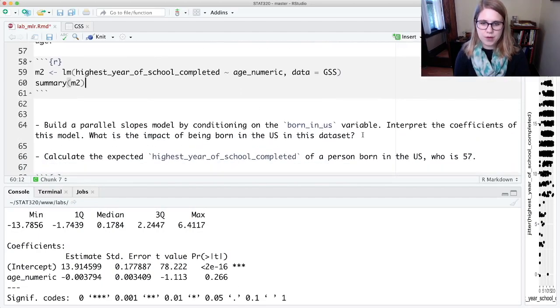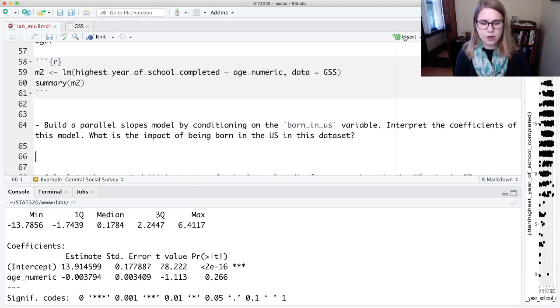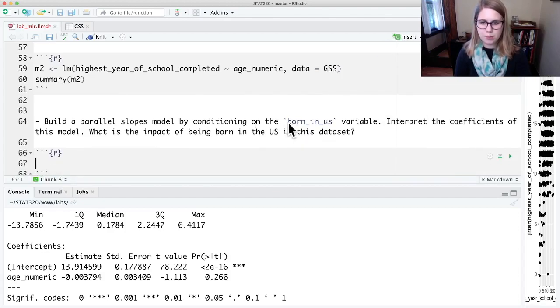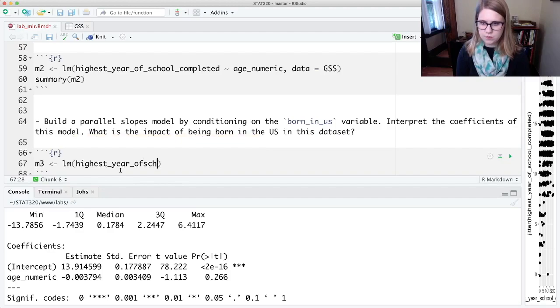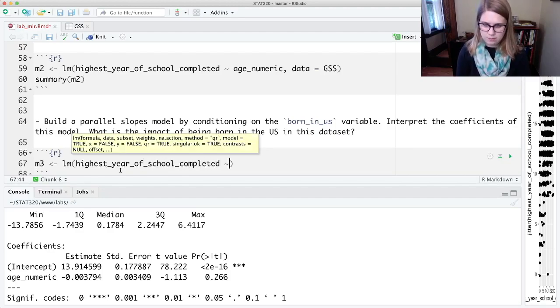All right, so now let's try and make a parallel slopes model. I'm going to put in a new code chunk with this insert button, and I'm going to put in the born in the US variable. So that's a binary variable, yes or no. And I'm going to call this, I think, M3, and I'm going to try and do highest year of school completed by, and I guess I didn't specify which numeric variable I wanted you to use.